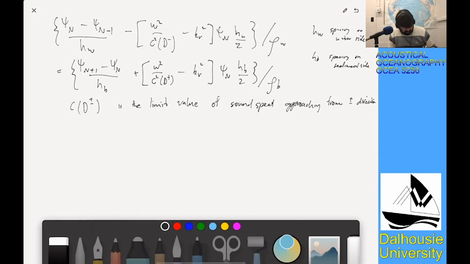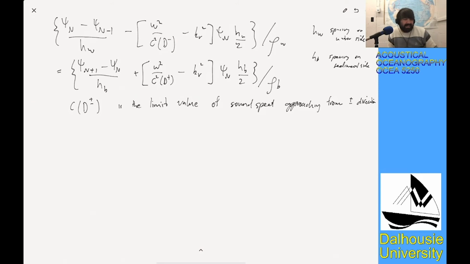Oh, I'm on the eraser. I'm not going to edit that part out either. Keeping it light here, folks. So we're going to rearrange this equation to plug into our matrix A.